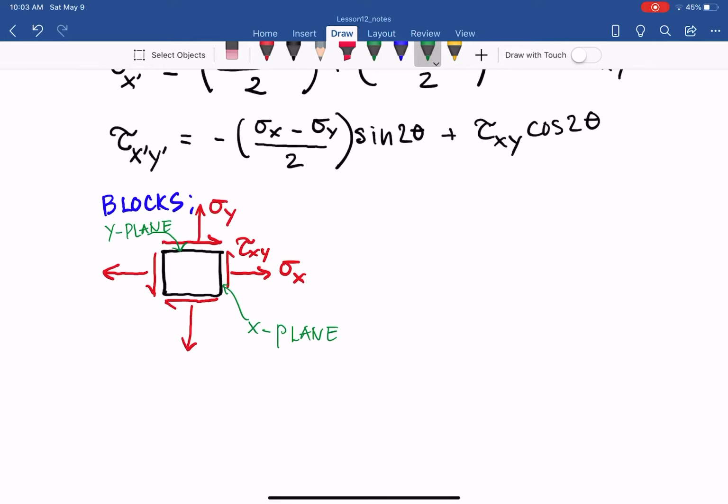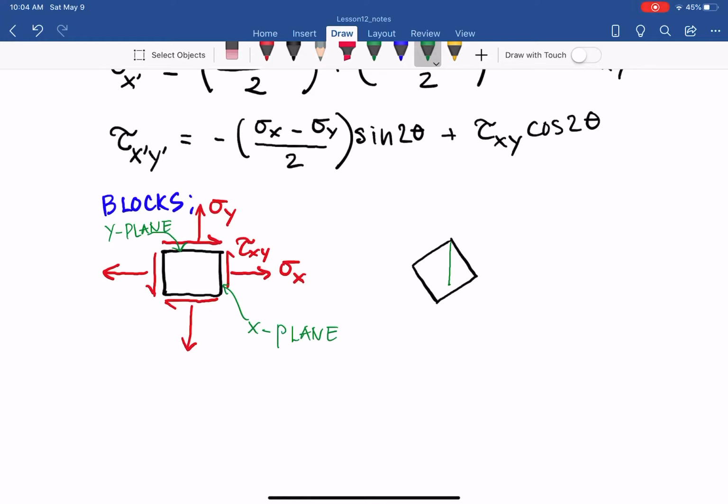Now if we transform that to another plane, by rotating the block to another cut, as you can see, like in worksheet 12C, let me write that. Instead of the original coordinates x and y, if the block is at an angle theta from the original plane, how do we define theta? Theta is defined from the original plane to the new plane. That is the original x plane, the green one.